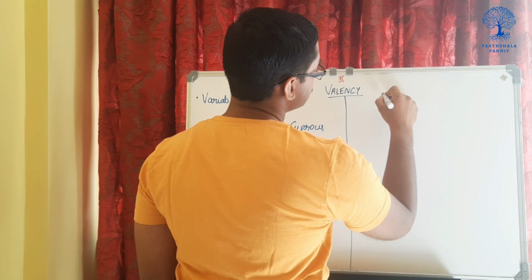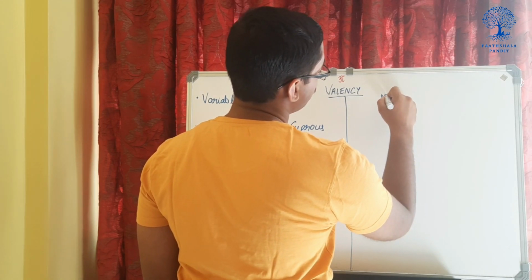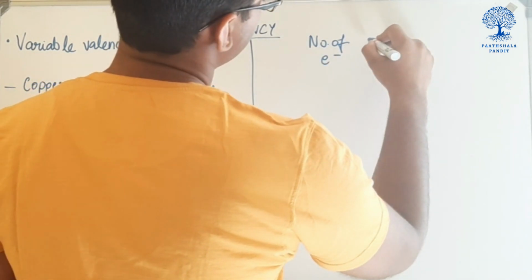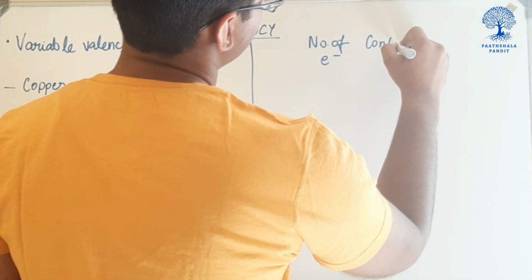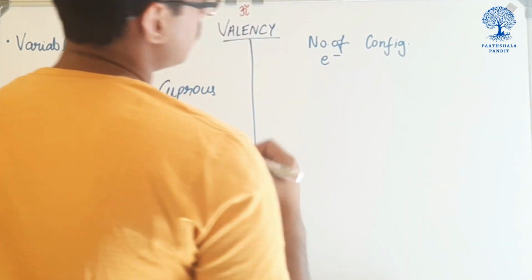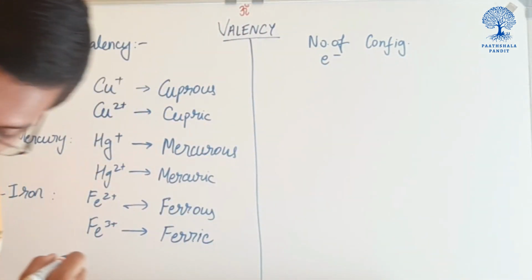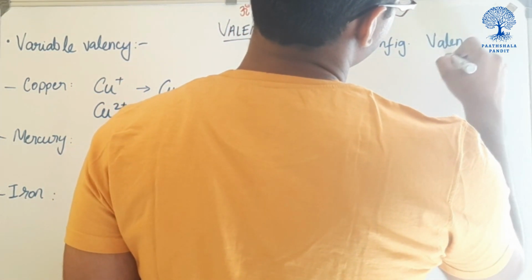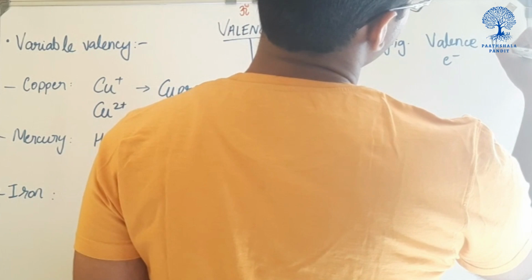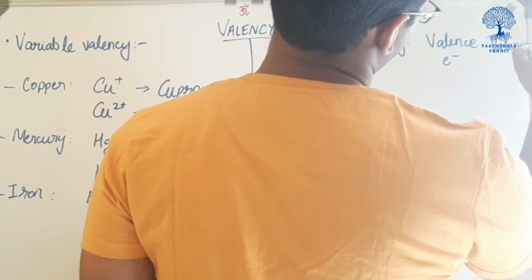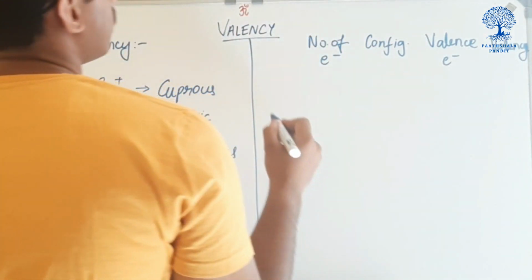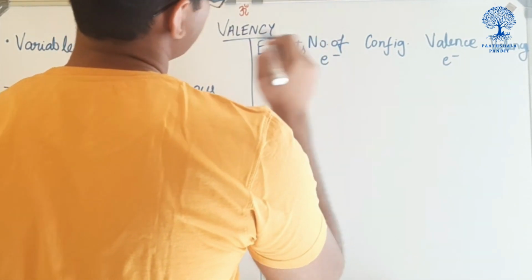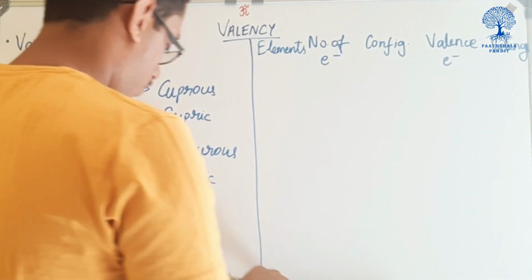See, what is the number of electrons, then the electronic configuration, then the valence electrons, then the valency. And these are the elements. Let's see one by one.